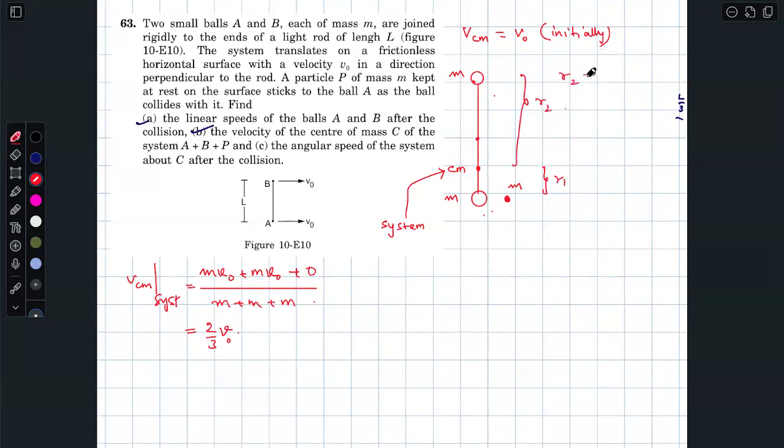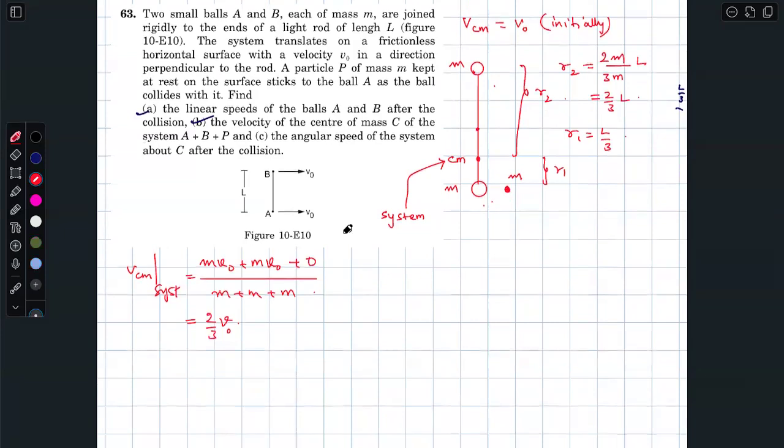We clearly know r2 is 2 by 3 times of L. R1 is obviously L by 3. You please confirm whether you have understood this r1 and r2 points. Are we clear? Right.